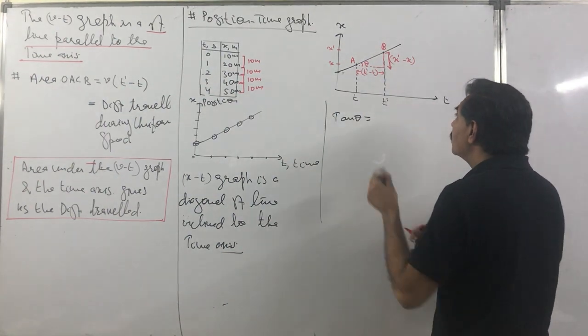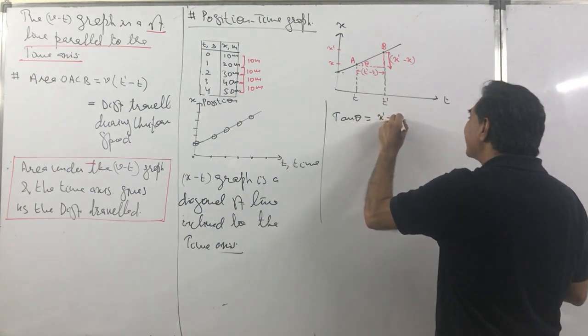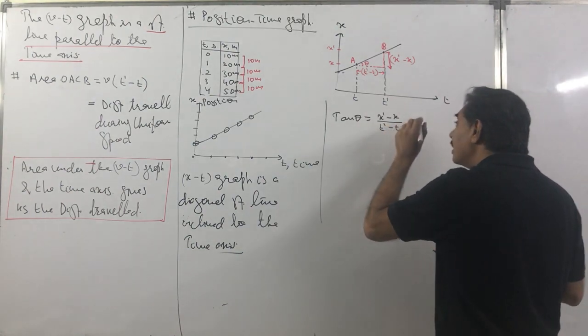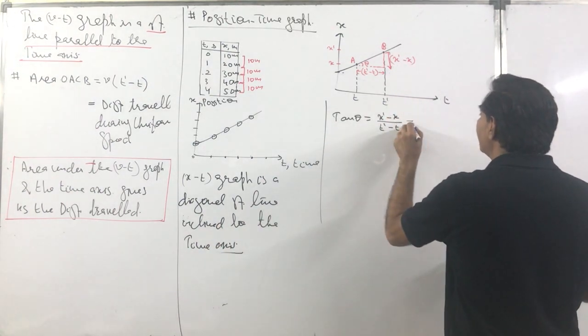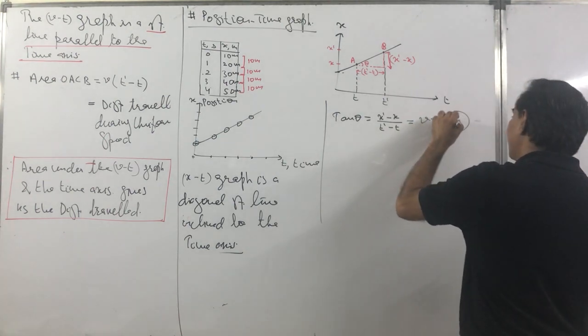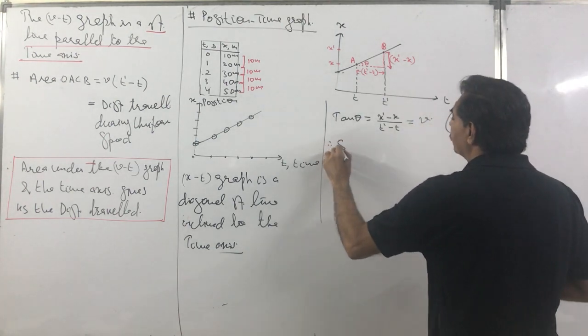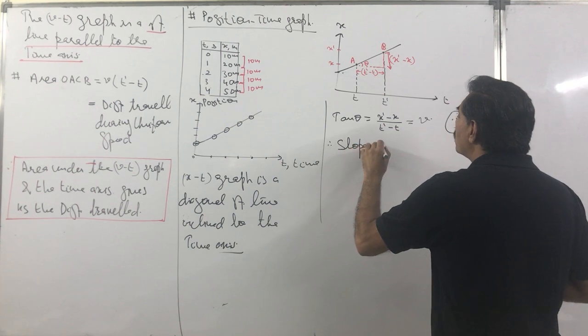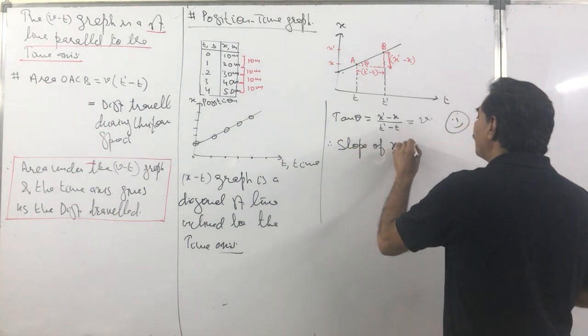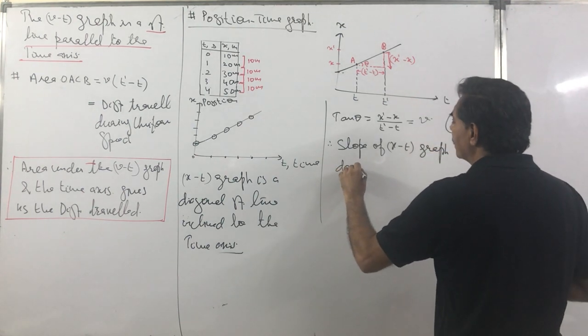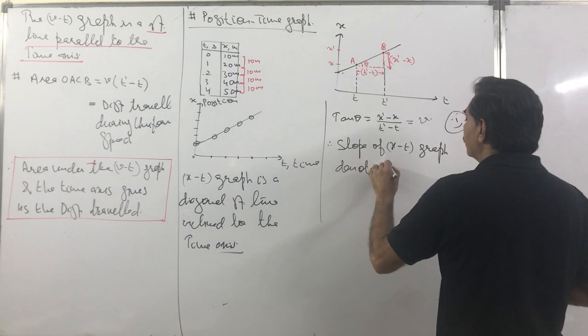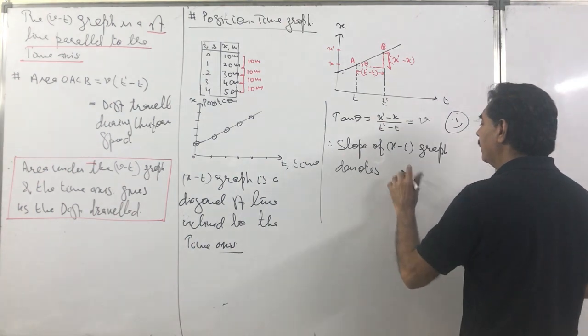Tangent theta is going to be x dash minus x over t dash minus t. But this is the speed or velocity, which is equal to v. Therefore, the slope of the xt graph denotes uniform speed.